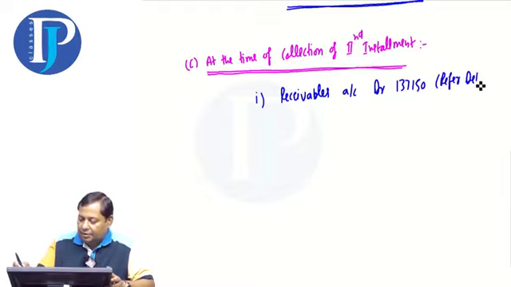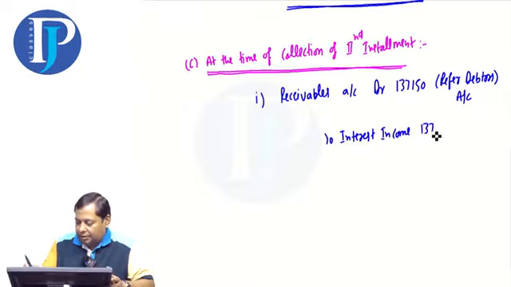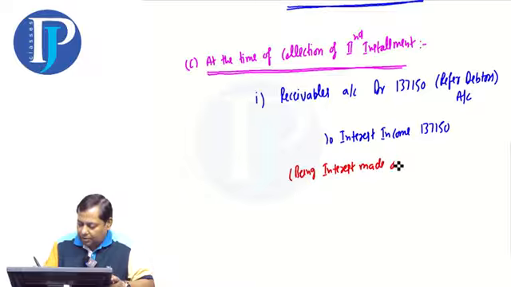Refer debtors account, to interest income 1,37,150. Being interest made due.